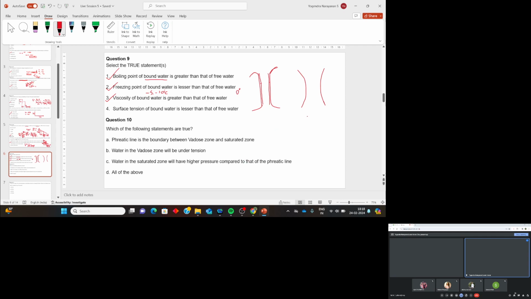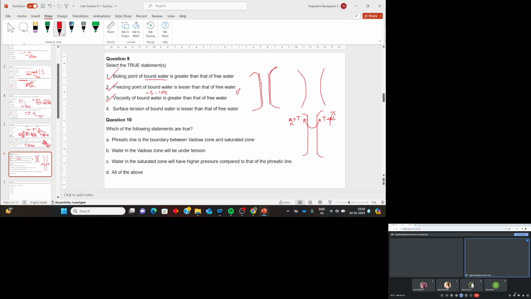Further to explain, if you consider this as a meniscus or capillary tube, and derive an analogy between soil grains and a capillary tube, there will be a surface tension acting on it, and this surface tension is further added to by the attractive forces, which is not present when there is no bound water.